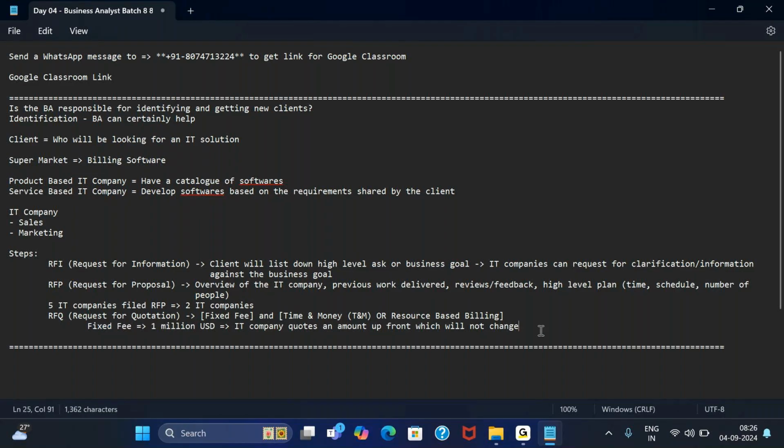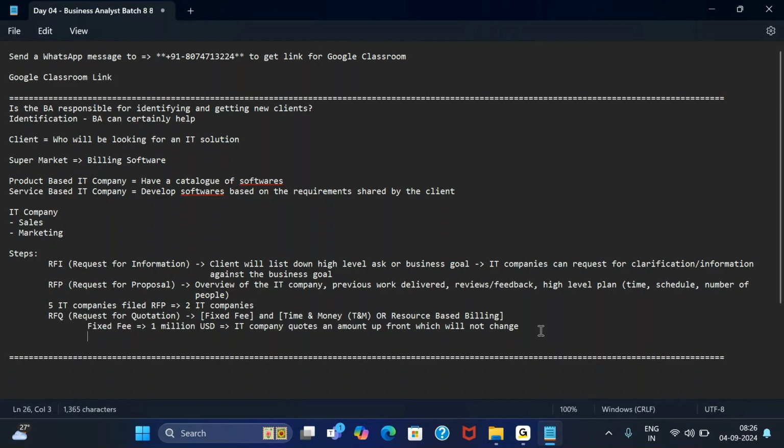Now what happens in resource based billing or time and money related projects? I'll just abbreviate it as RBB. In resource based billing or time and money projects, we don't give any fixed quotation to the client. What we tell them is, see, approximately we are going to charge you on a per person basis.